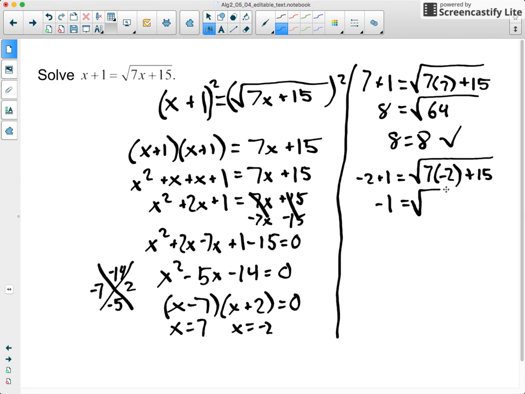And the square root of, it's negative 14 plus 15. So negative 1 equals the square root of 1. Negative 1 does not equal 1. Not a solution.